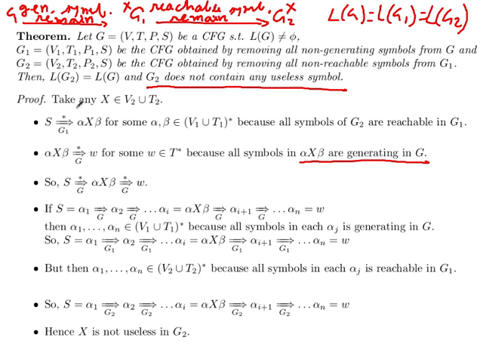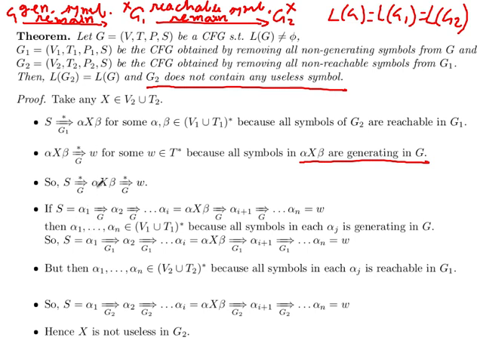Now we have to prove that this is a useful symbol in G2, not in G. This already proves that this is a useful symbol in G, and now we need to prove that this is a useful symbol in G2, because that's what we end up with.